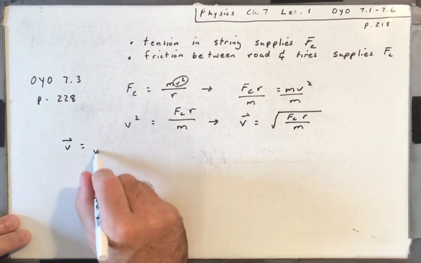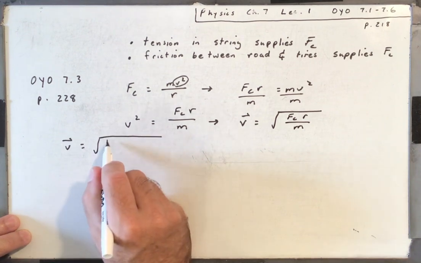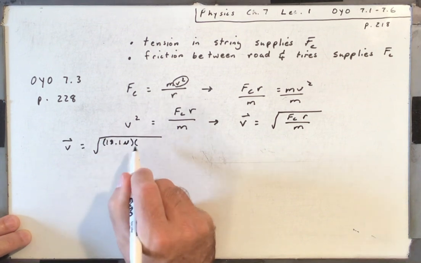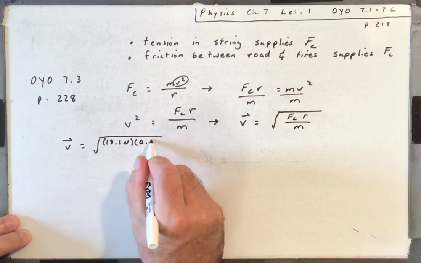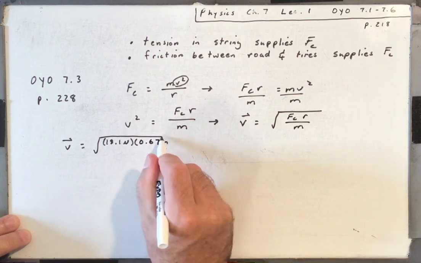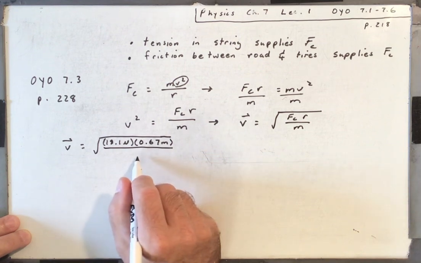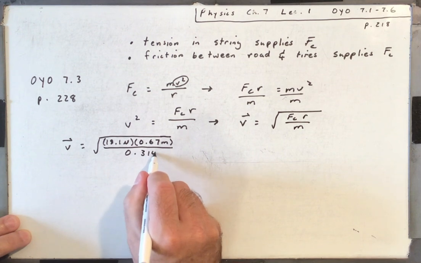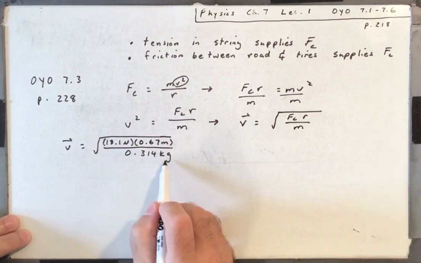Okay, so we know F sub c, it's 18.1 newtons. We know the radius is 67 centimeters, that'd be 0.67 meters. And then the mass is 314 grams, which would be 0.314 kilograms. So again, with newtons, it's got to be meters and kilograms.